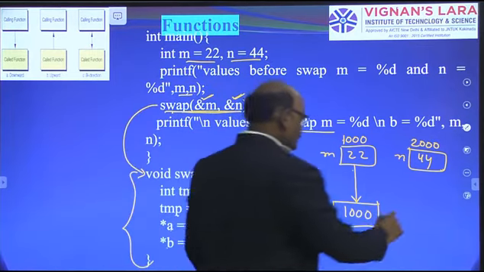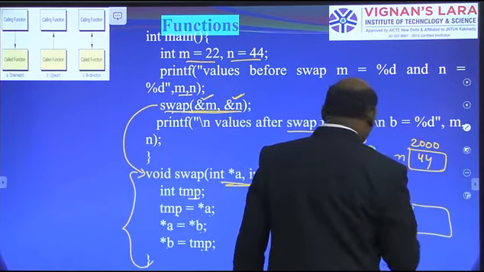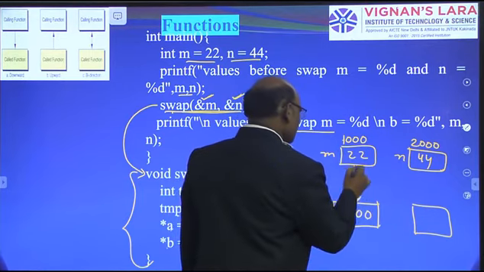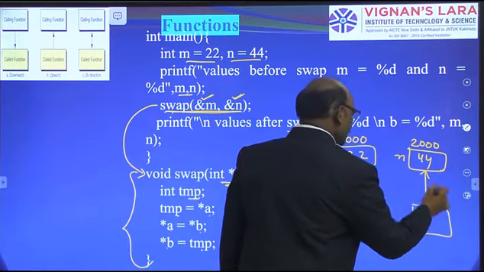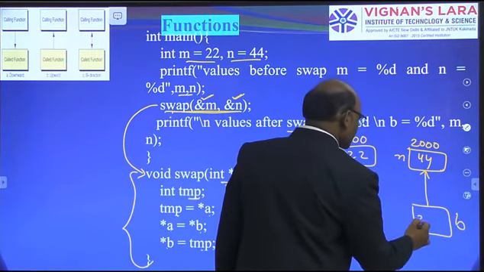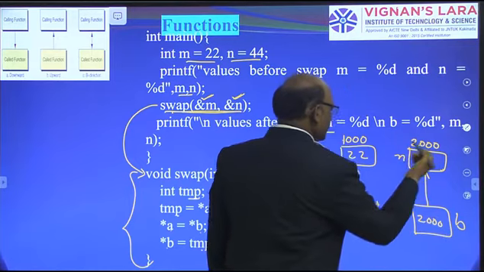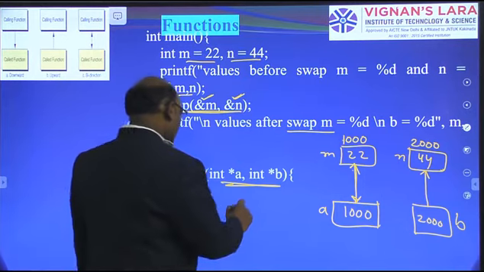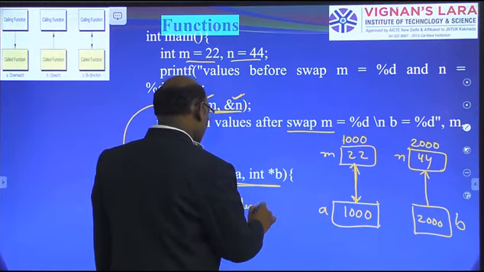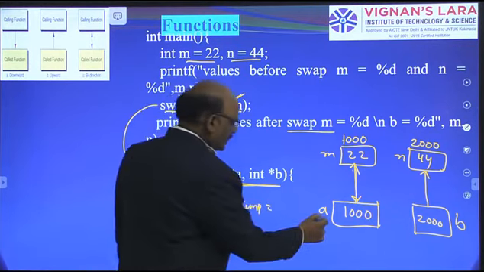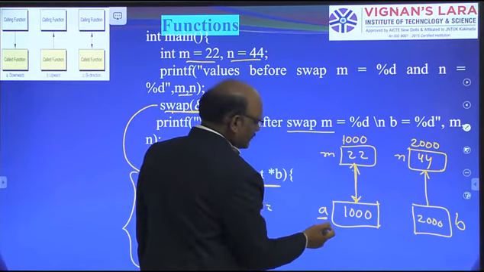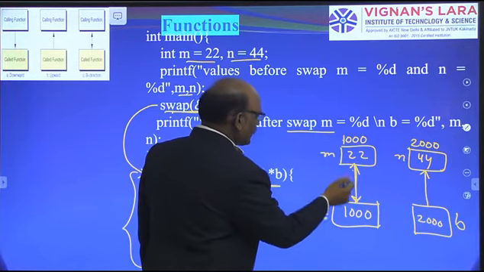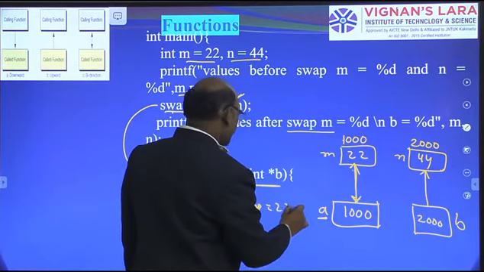Next, B is the pointer variable which stores the address of n. Here A is the pointer, and B is the pointer which stores the address of variable n. Next, taking a temporary variable, temp = *A. *A is the value of the variable which the pointer points to, that means 22.